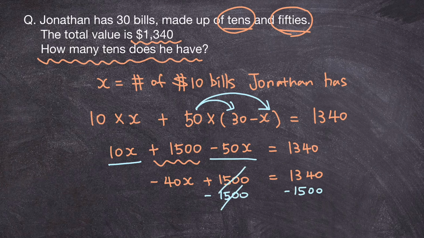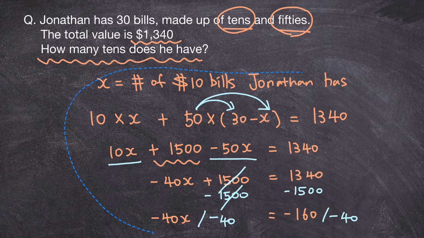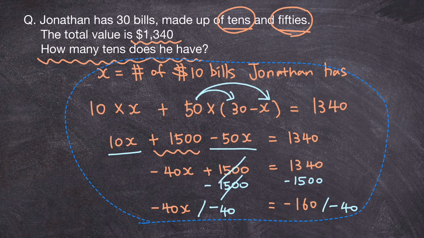If I do that, I end up with negative 40x is equal to negative 160. And if I divide both sides by negative 40, I get x is equal to positive 4.